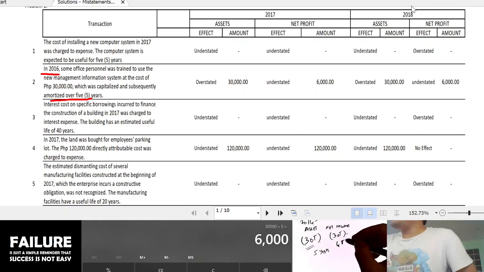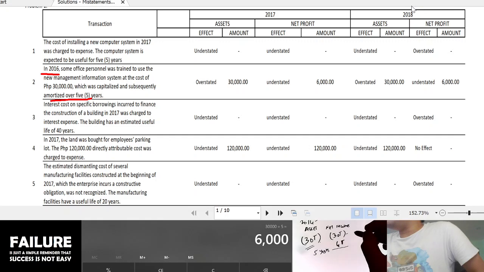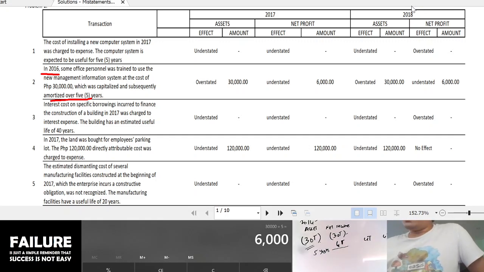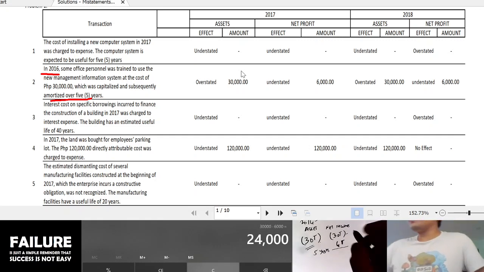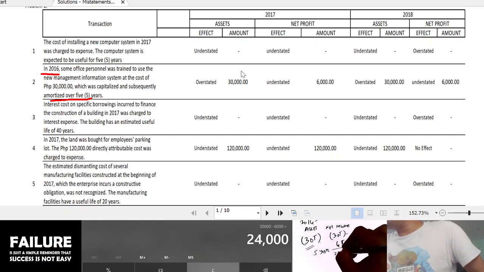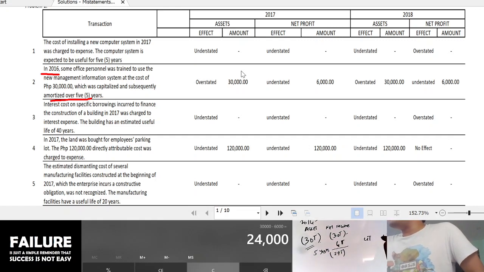So now, in 2016, if we total the effect of the errors, okay? If we total the effect of the errors, we would have a net overstatement of 30,000 minus 6,000, correct? Net overstatement of 24,000.